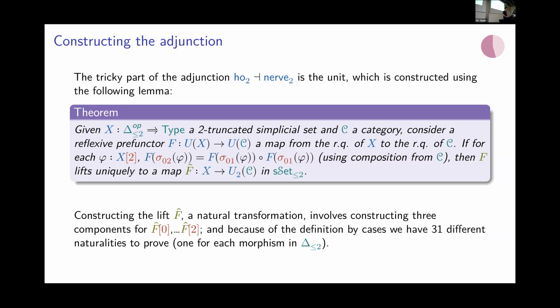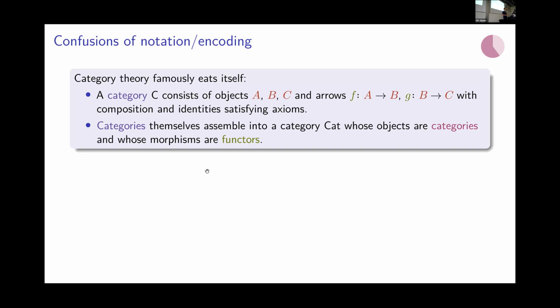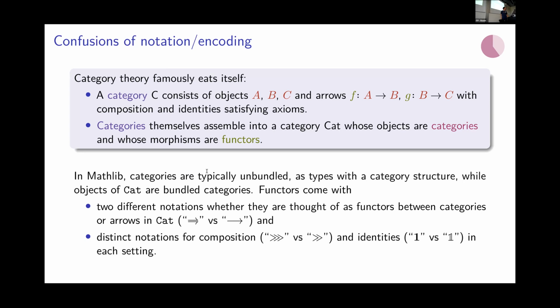Okay. So that leads naturally to what the difficulties of this are. One interesting difficulty here, uninteresting difficulty maybe: the category of categories is a category, so you can use structures from category.